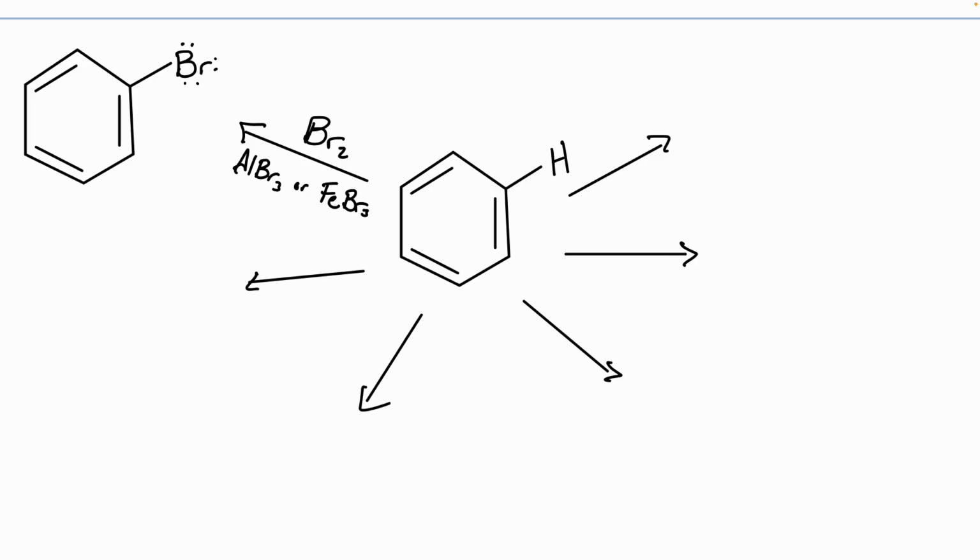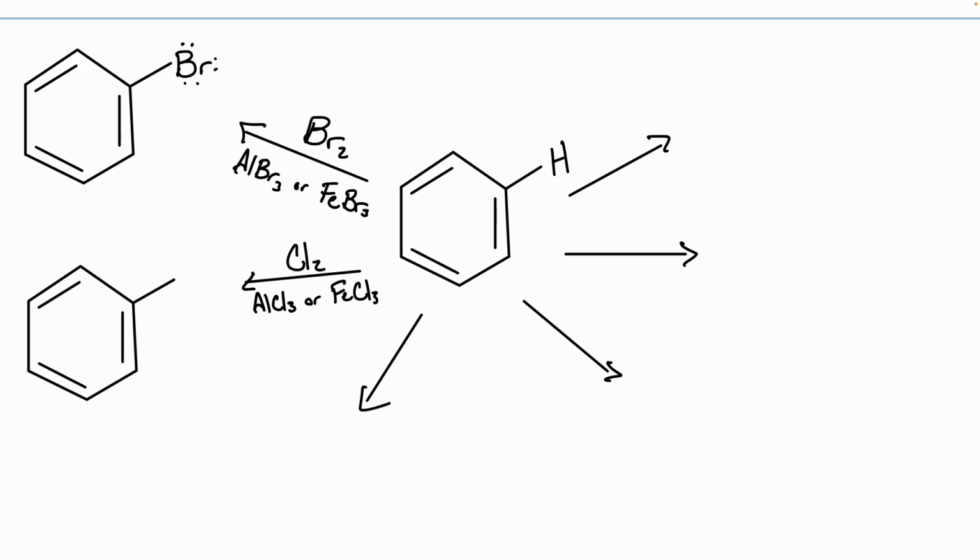All right, we're actually going to knock 2 of them out real quick because the next one is very, very similar. If instead of using bromine, we used chlorine and aluminum chloride or iron 3 chloride, what is that going to add to my ring? A chlorine. So not a bromine atom, but a chlorine atom.